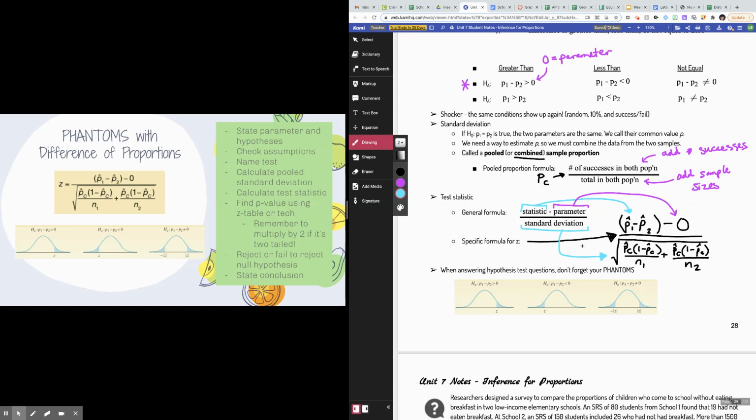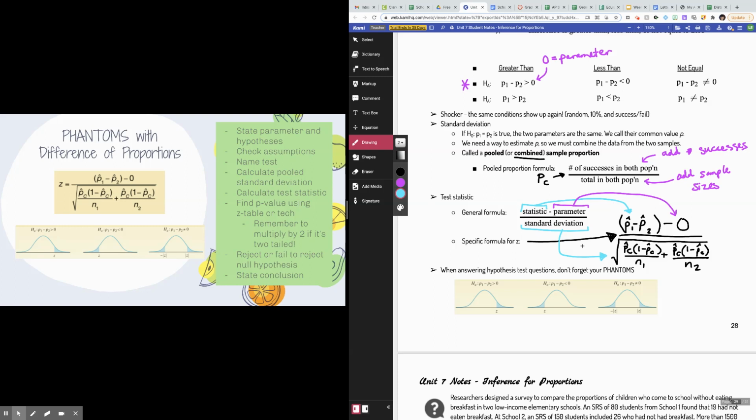Other than the changes in the way that we write the hypotheses and having to calculate the pooled proportion, everything else is exactly the same as what you did with the one proportion test.